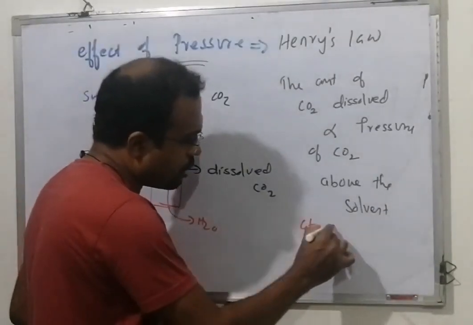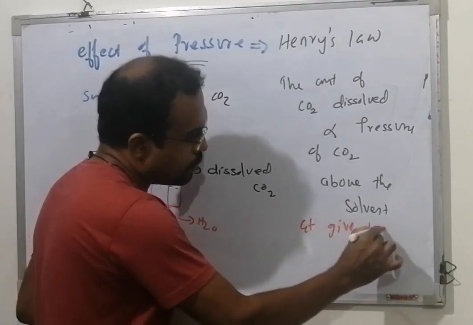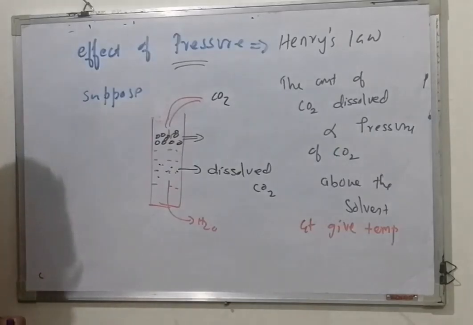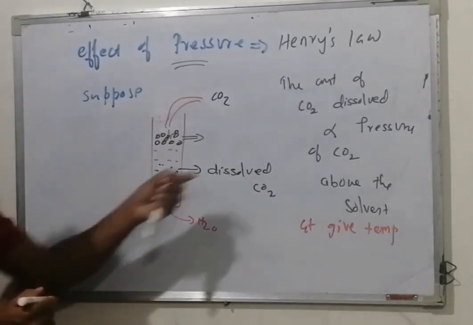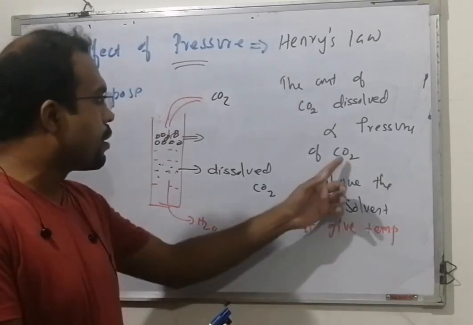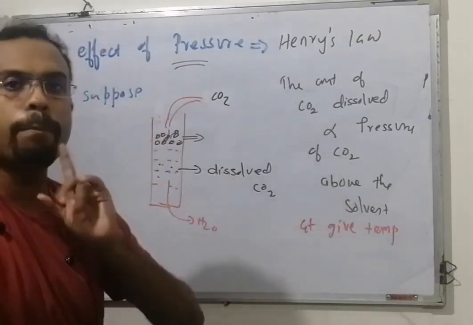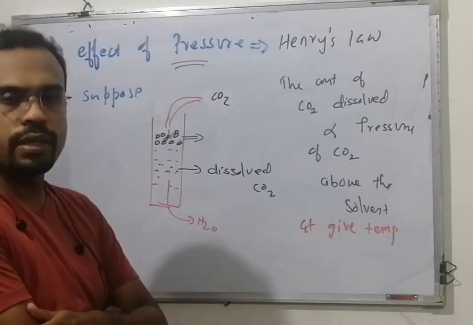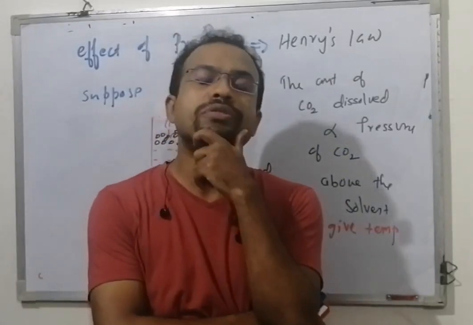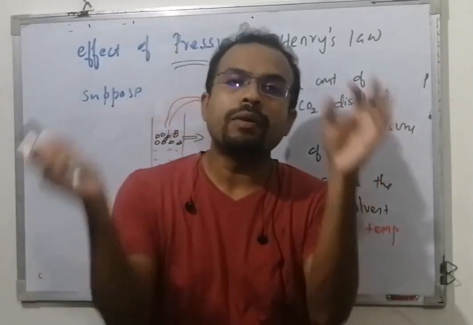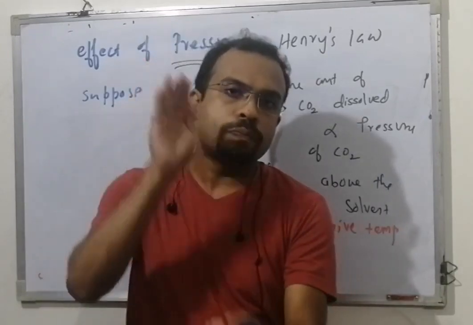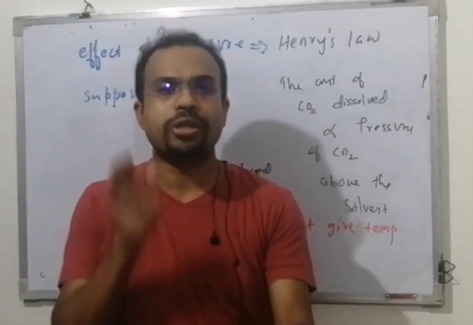Here at given temperature, that's very important, given temperature. This is Henry's law. Amount of carbon dioxide dissolved directly proportional to pressure of carbon dioxide above the solvent. Yes, if you have a soda maker in your house, how much carbon dioxide you are going to dissolve in the water depends upon how much pressure you are applying through the machine.